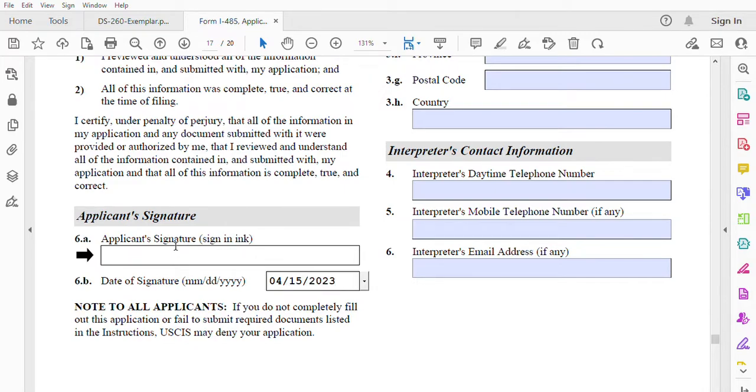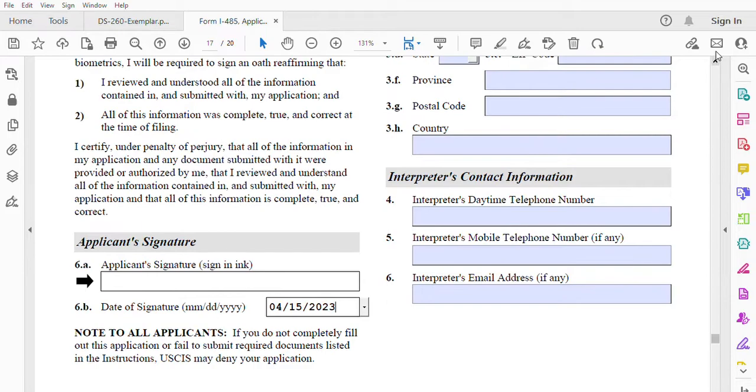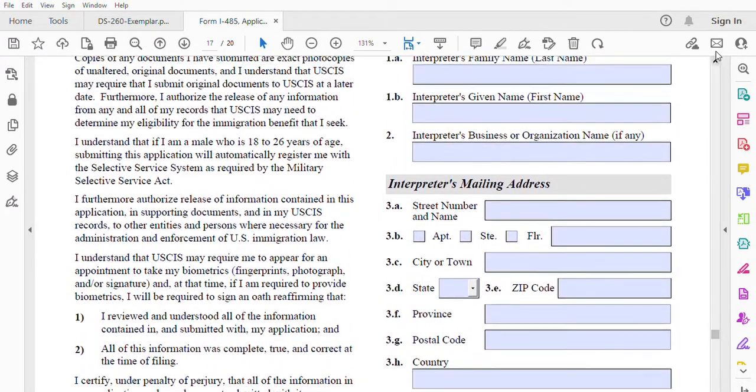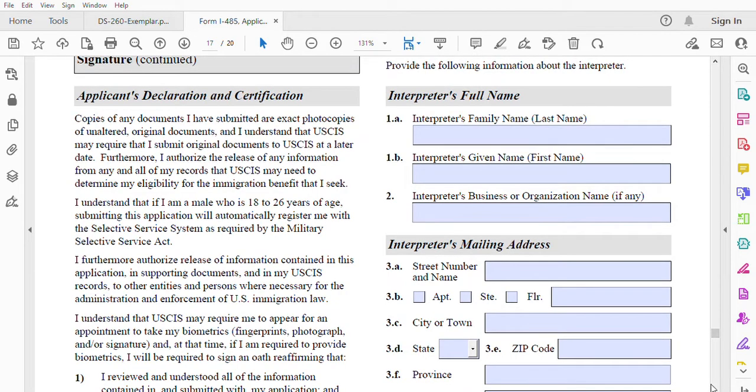Please do not initial or put your name over here. Print it and then sign it with black ink. Do not do anything over here. Just leave it blank, print it, then sign it. If you used an interpreter or preparer, you can enter his or her information right here. If not, you're going to leave it blank.